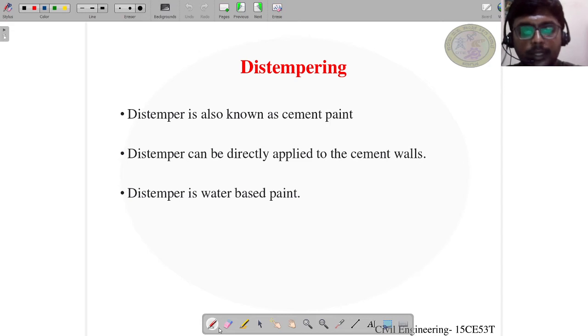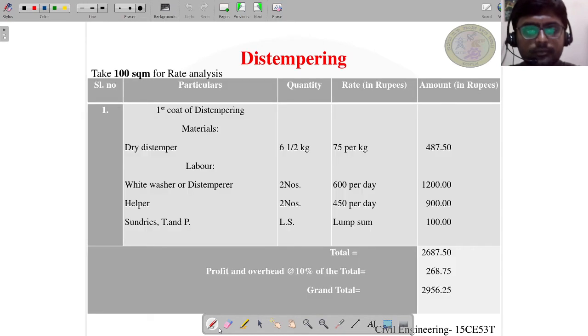It is a water based paint, in the sense that the dry distemper, which is usually made of limestone, is mixed with water to make it a paint. That is why it is known as a water based paint. Usually distempering is given as the priming coat before applying any emulsion paint to the wall surfaces.